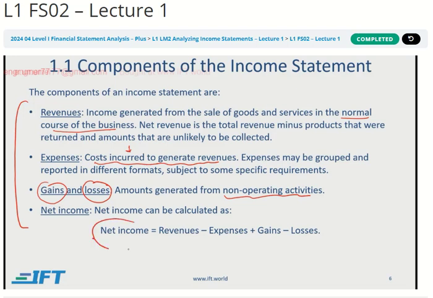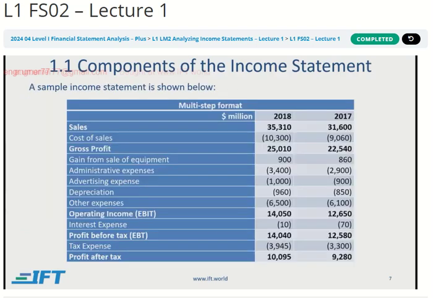And of course, the end result is your net income, where you take your revenues, you minus your expenses, you add your gains, subtract your losses, and what you get is your net income. And this is what it looks like. This is a multi-step format. There is also a single step format, but the main one that you need to focus on is the multi-step format.